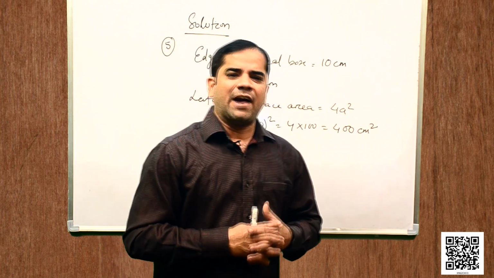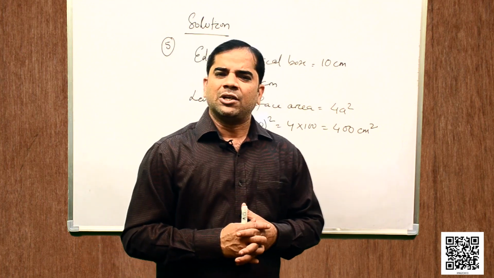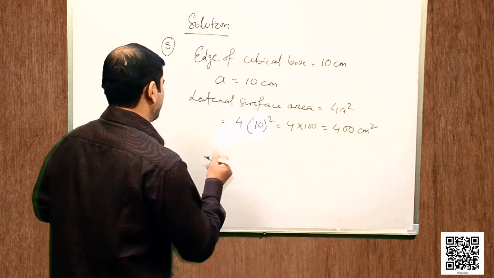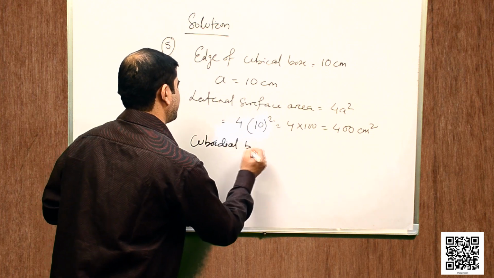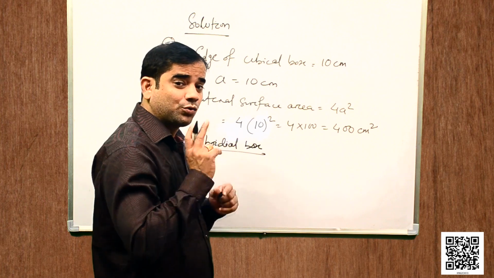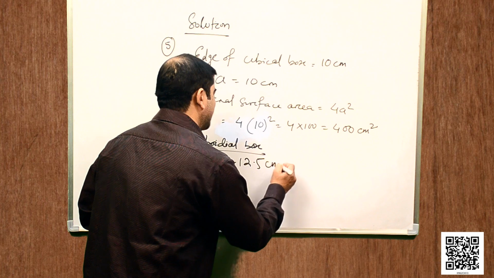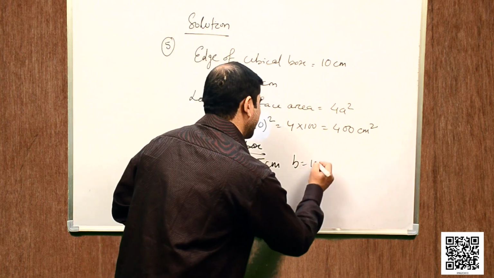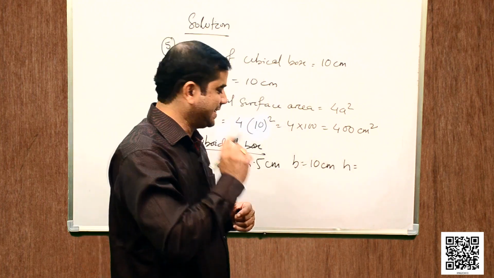Now let us find out the lateral surface area of the cuboidal box. The dimensions of the cuboidal box are given: length is 12.5 centimeter, so L is equal to 12.5 centimeter, breadth is 10 centimeter and height is given as 8 centimeter.